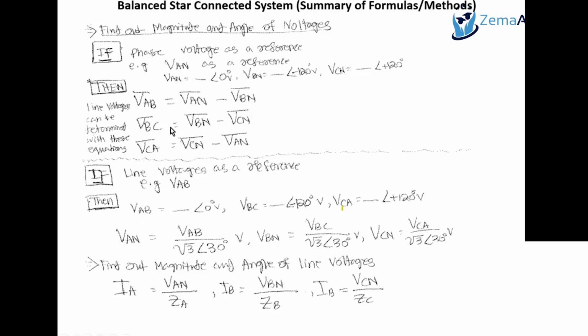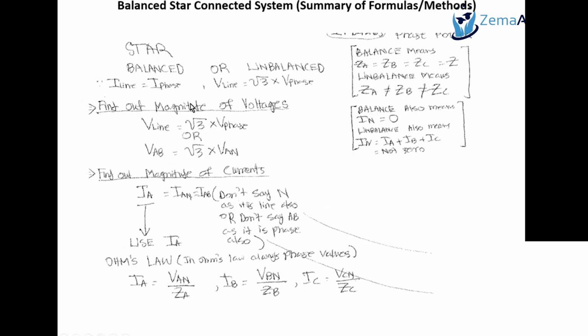And if you want to just calculate the magnitudes without angles, then you can still apply Ohm's law, but it will not give you the angles. The magnitude of the currents can be represented as IA, because there is no difference between IAN and IAB.